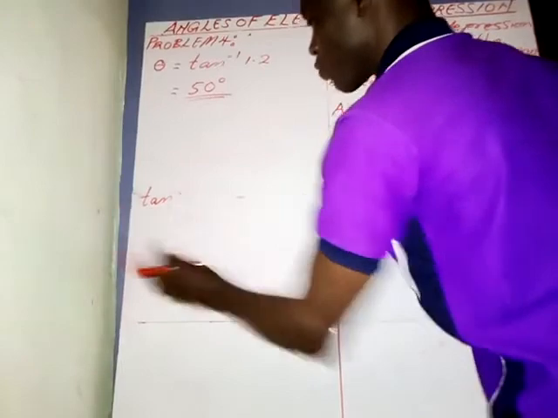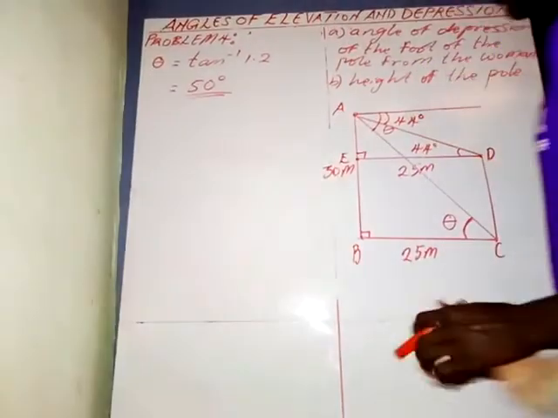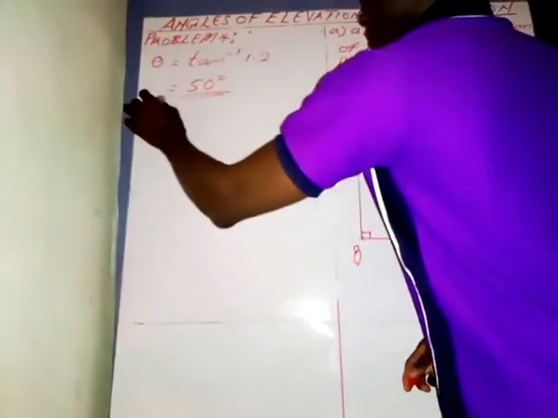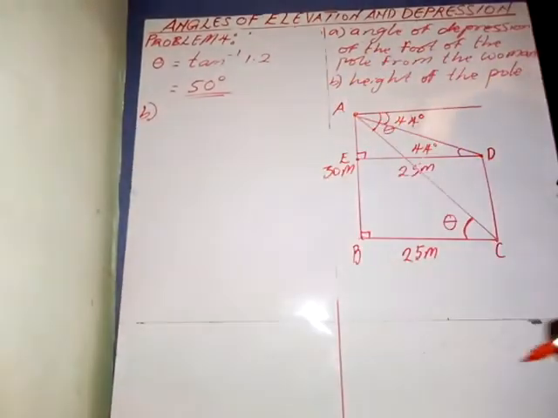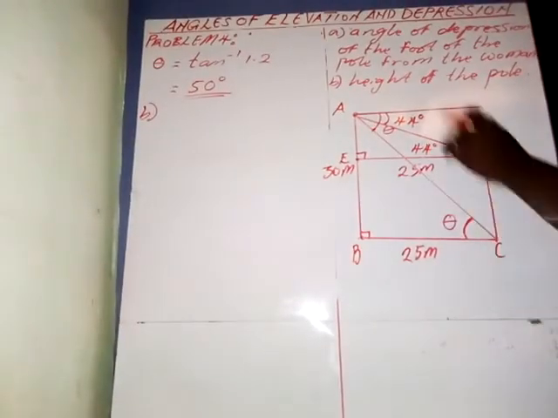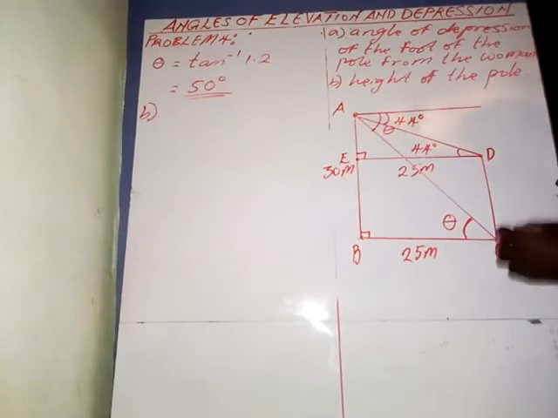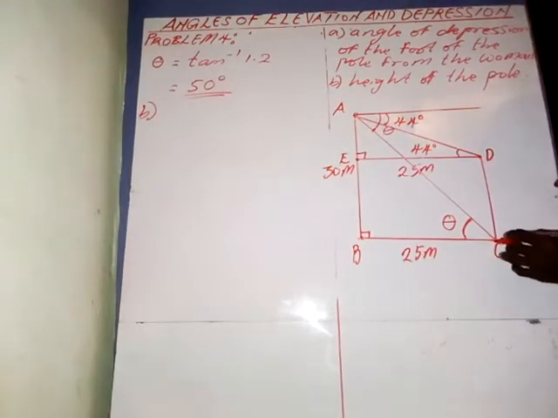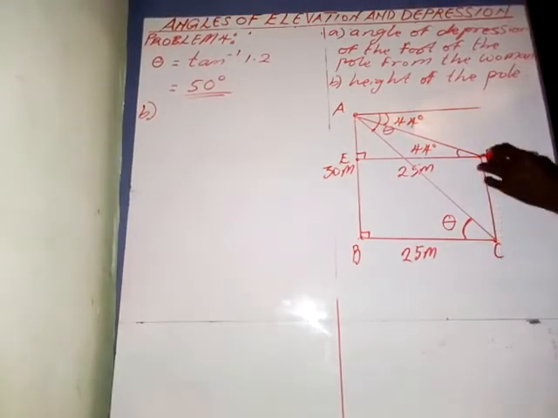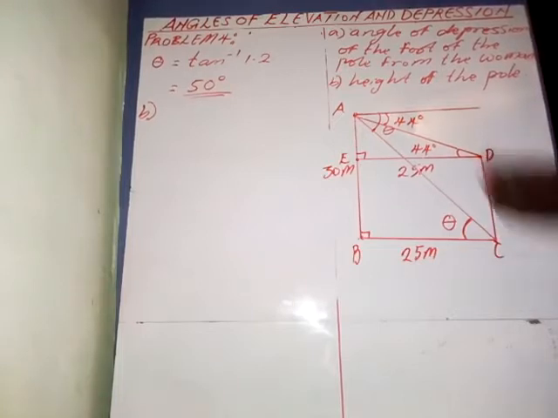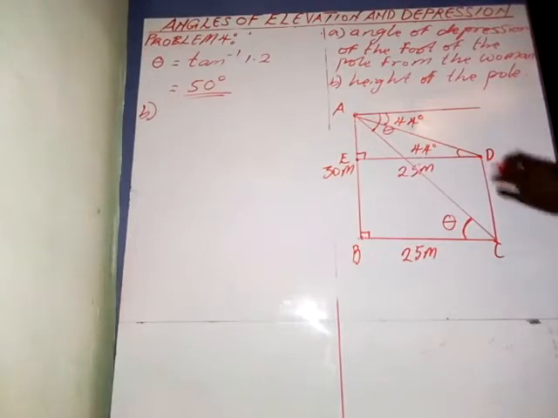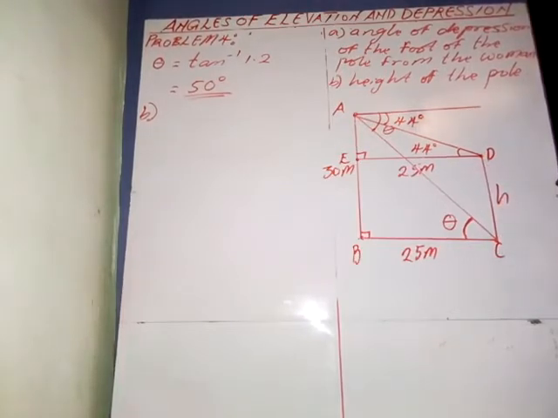Now let's look at question B. For question B, we are asked to find the height of the pole. The height of the pole is the distance from here to here. Distance CD is the height of the pole that we are asked to find. I'm going to represent distance CD with H as the height of the pole.